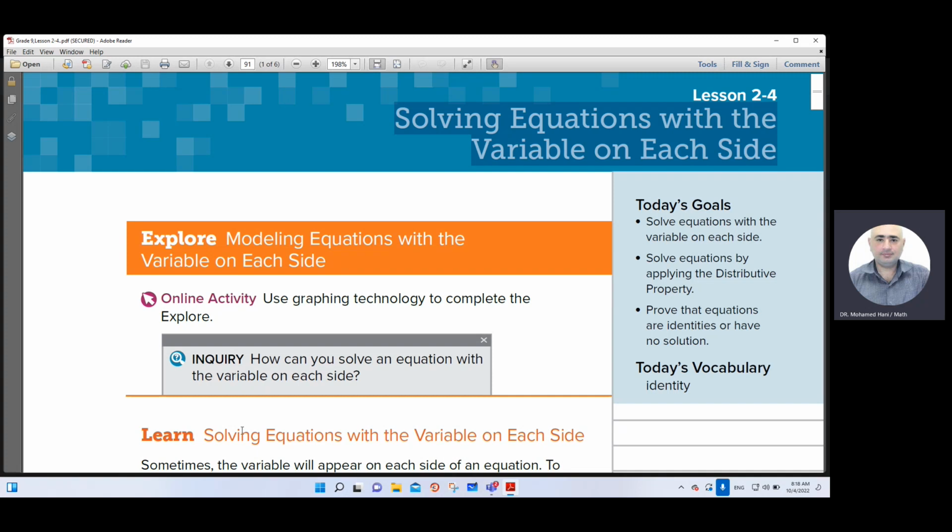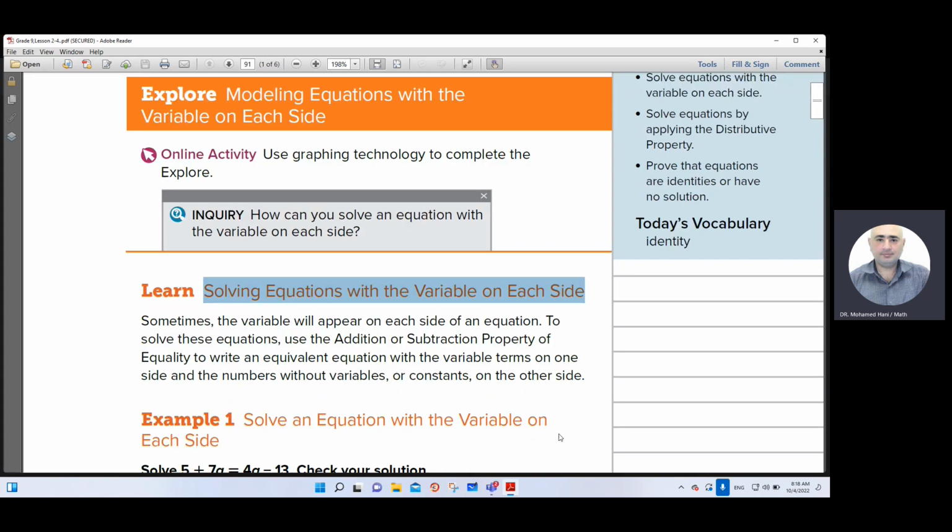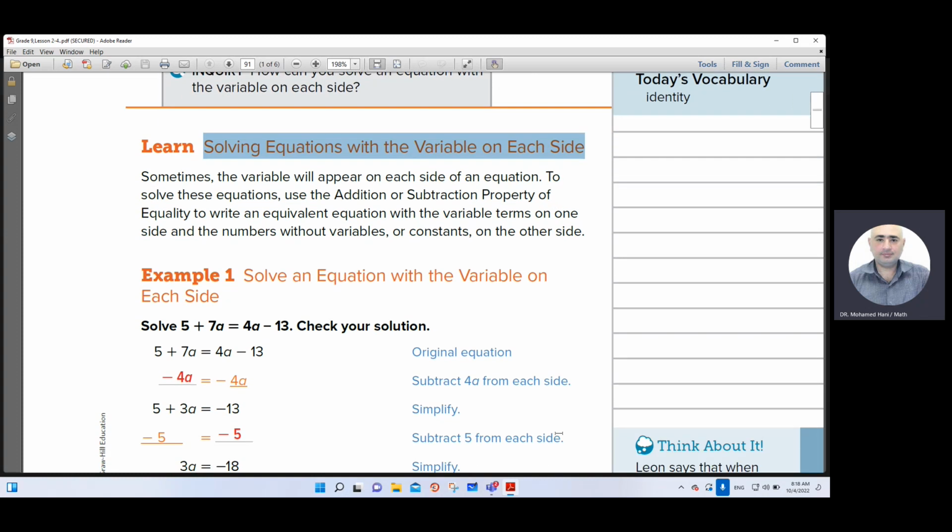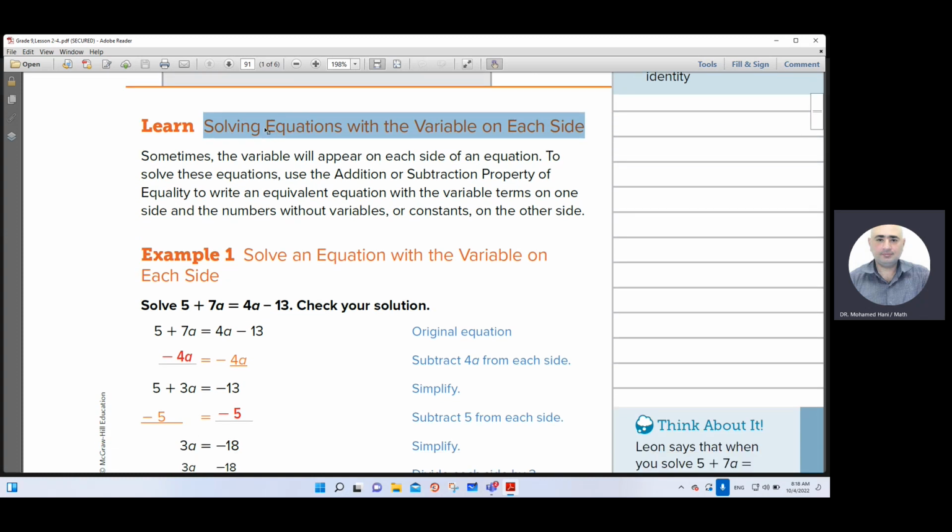The first idea in this lesson, write this title: solving equations with the variable on each side. Sometimes the variable will appear on each side of an equation.